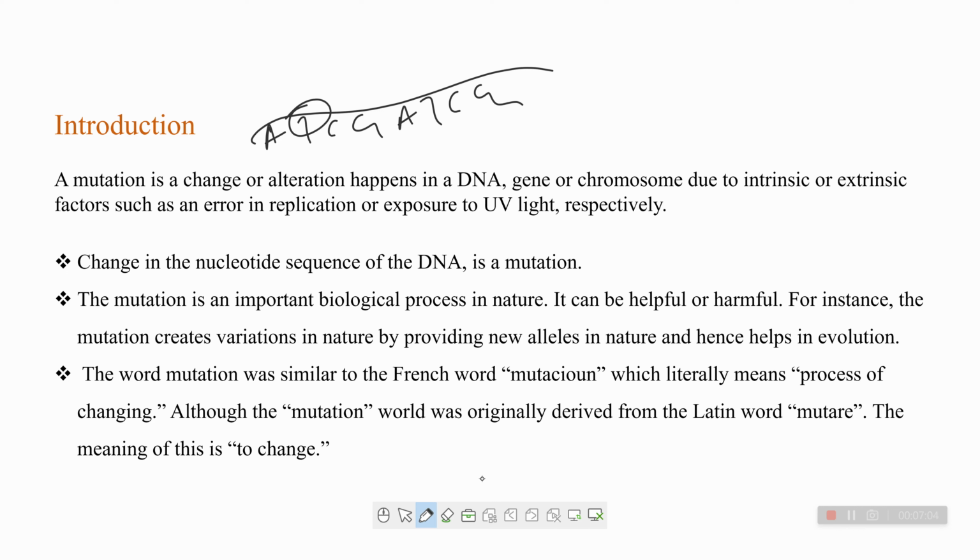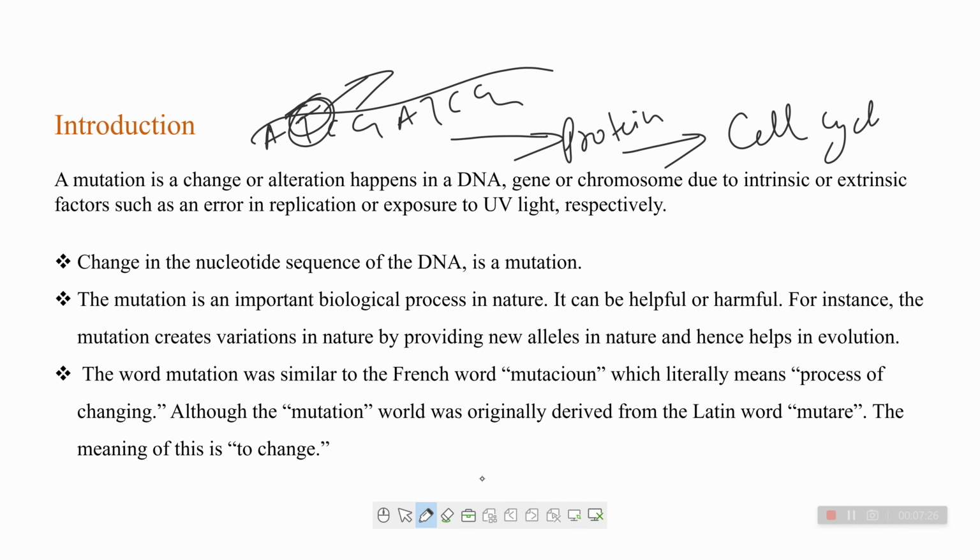If the mutation occurs in this T nucleotide, and after mutation, the protein that is synthesized codes for a cell cycling enzyme.